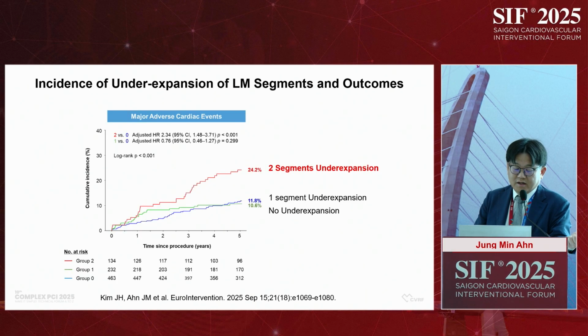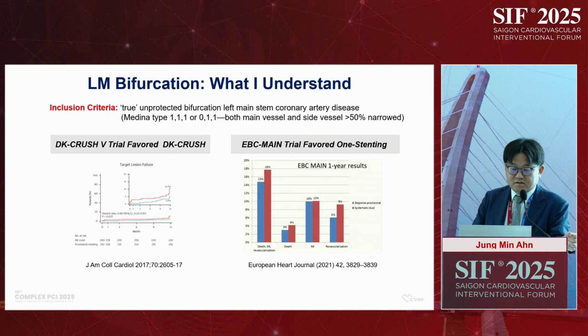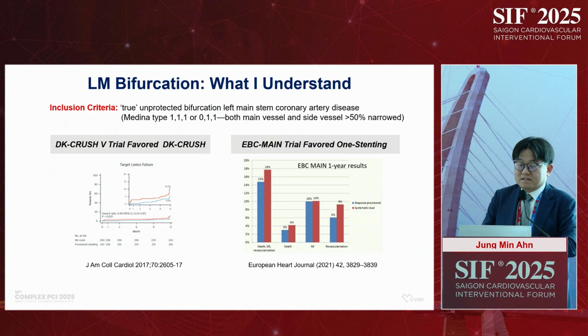Similarly, two-segment under-expansion showed a significantly higher event rate, while no under-expansion or only one segment under-expansion showed a lower event rate compared with two-segment under-expansion. So we know how to optimize stent optimization for both provisional stenting and the two-stent technique.